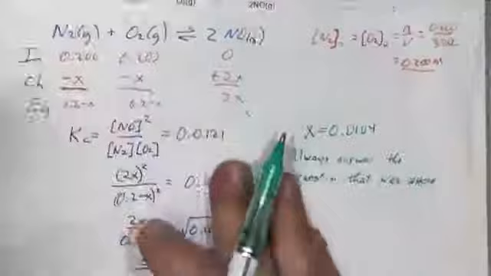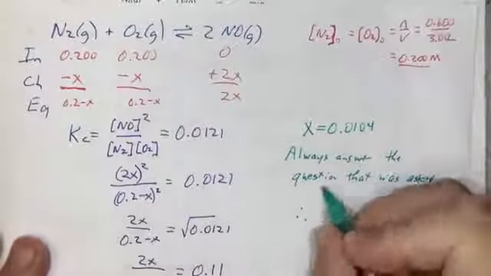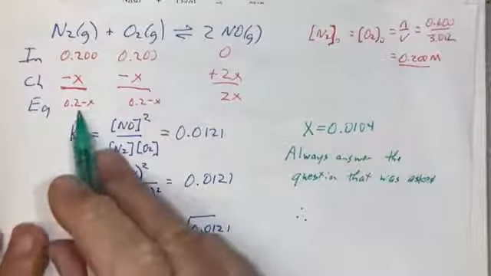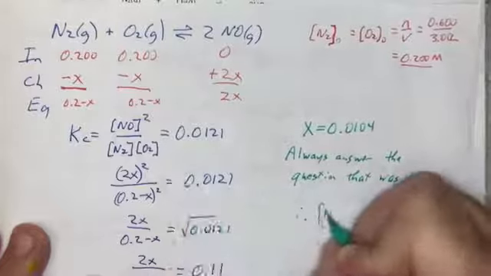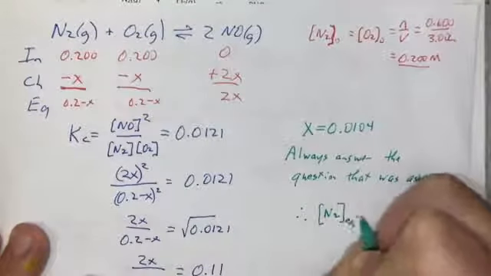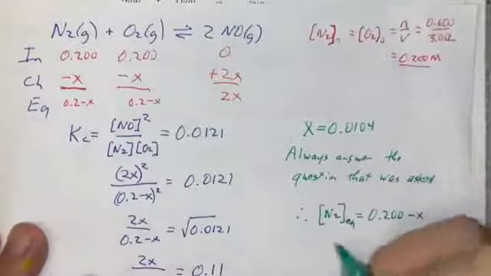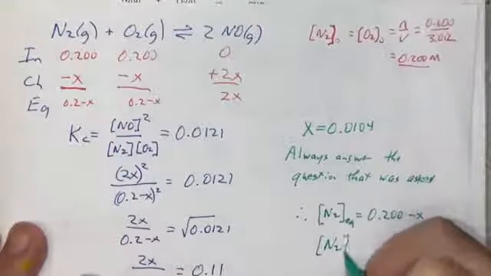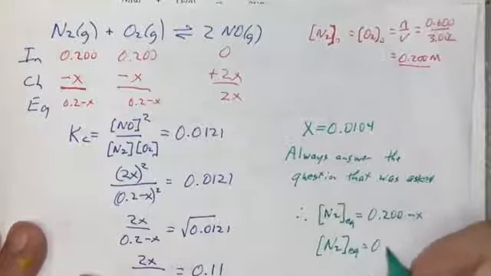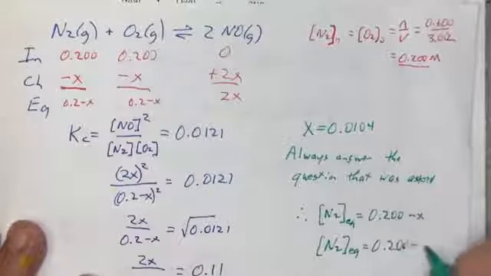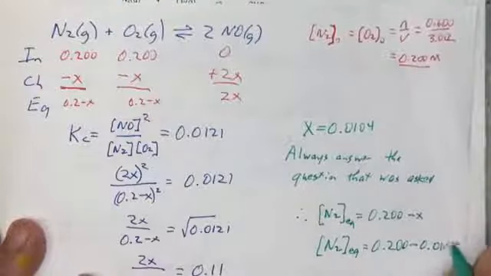And so, therefore, the equilibrium concentration of nitrogen, we go back to the ICE table. The concentration of nitrogen at equilibrium is equal to 0.200 minus x, and x is 0.0104.